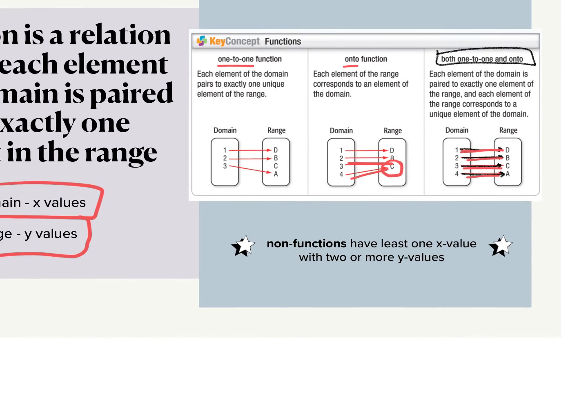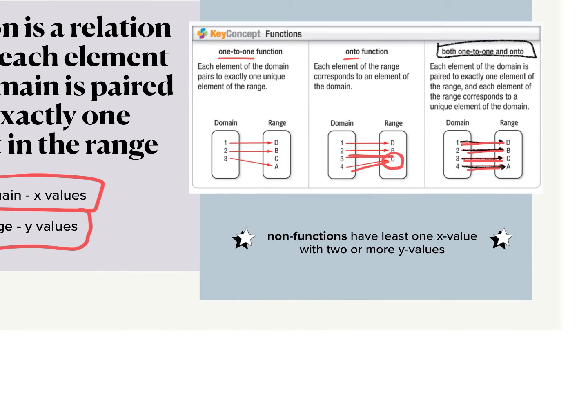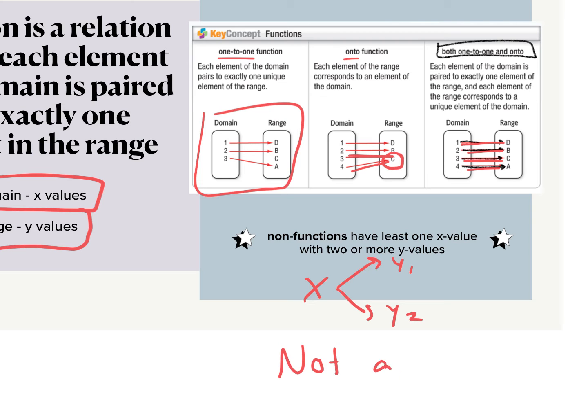So it's not a function when you have at least one x value with 2 or more y values. So if I had my function represented like this, where I had the 2 boxes, if I had an x with 2 arrows coming out of it to 2 different y values, so y1 and y2, this would be not a function.